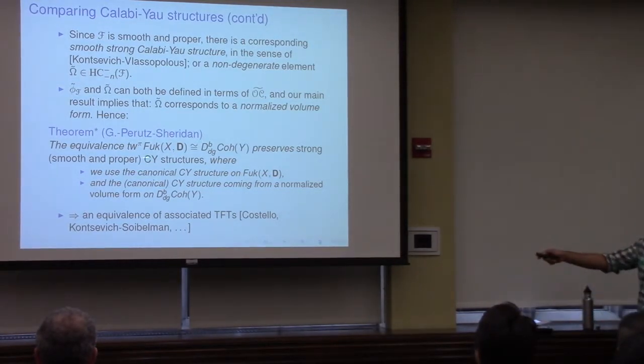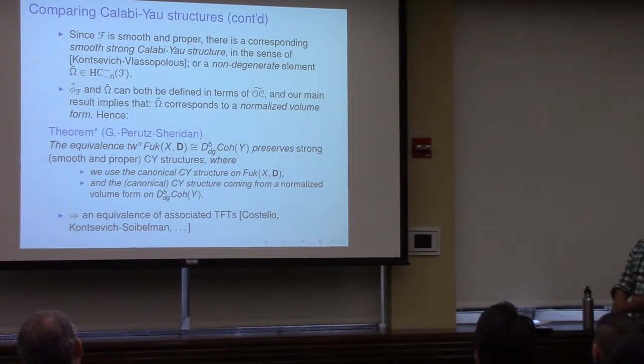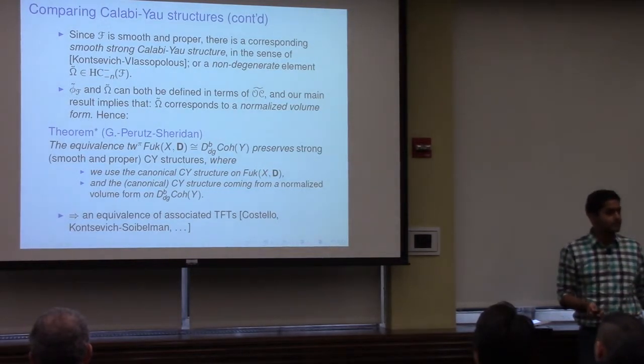So that actually immediately implies the following theorem. It implies that the equivalence between the split-closed derived Fukaya category and coherent sheaves preserves a certain pair of strong smooth and proper Calabi-Yau structures, where we use this canonical Calabi-Yau structure in the Fukaya category that's constructed with holomorphic disks.